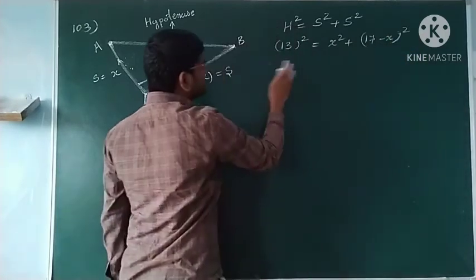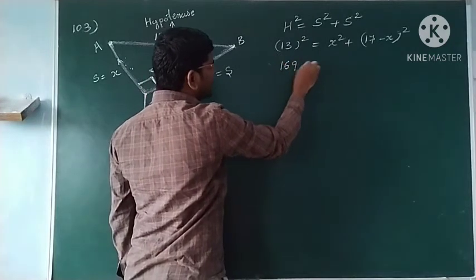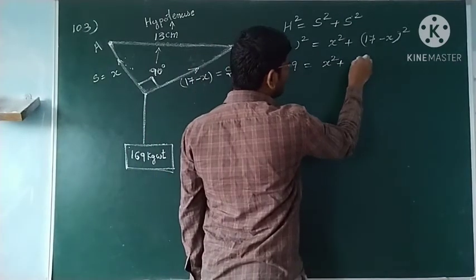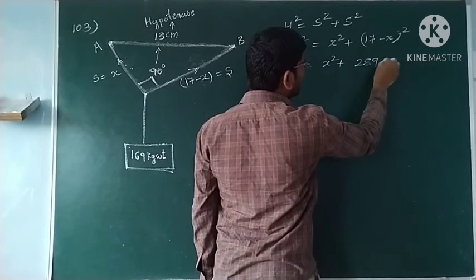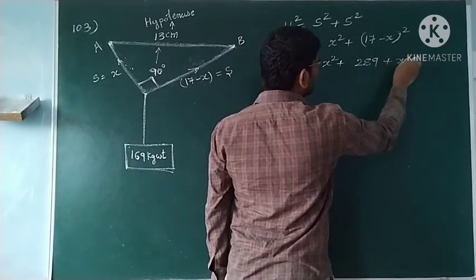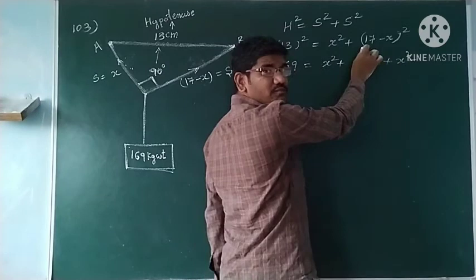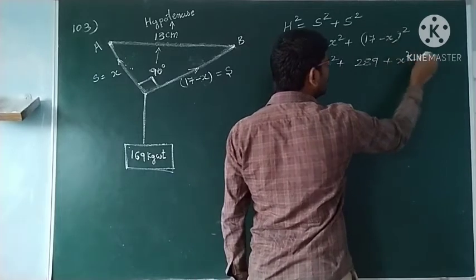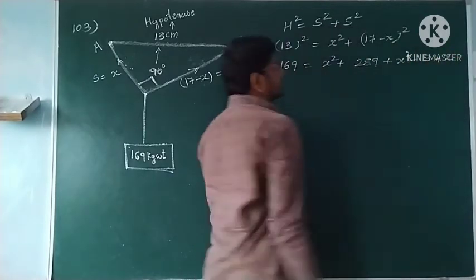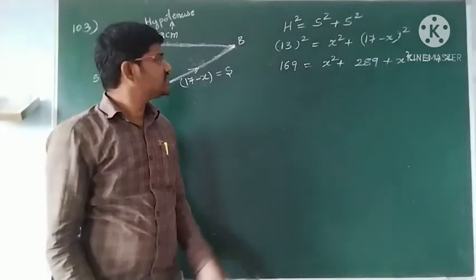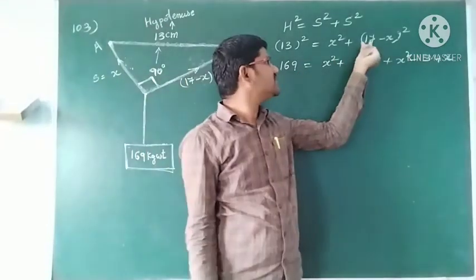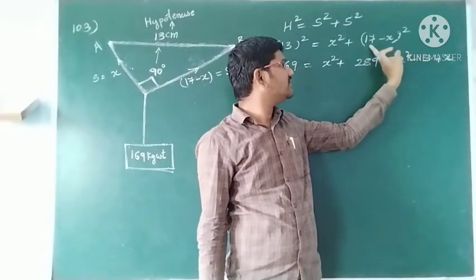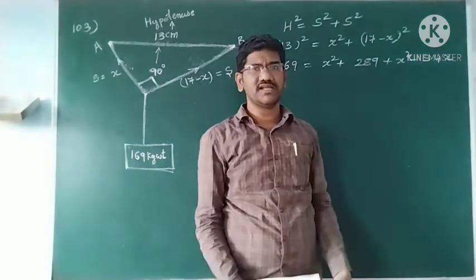Then 13 square means 169, and here we have x square plus 17 square. The 17 square value is 289. a square plus b square minus 2ab: 17 into 2 is 34, so this is 34x. So x square plus 289 minus 34x.